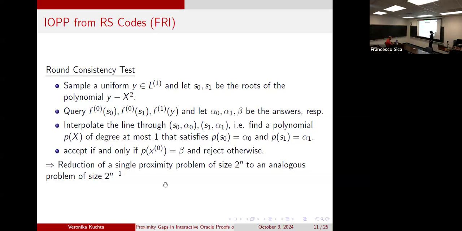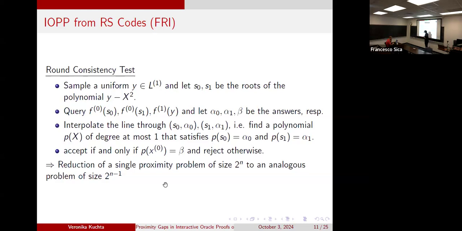This interpolation of a line through the 2 points will give the verifier a polynomial P of degree 1, which satisfies exactly this property, right? And the verifier accepts the consistency test, meaning that f1 was computed correctly, as long as f0 was a Reed-Solomon code.